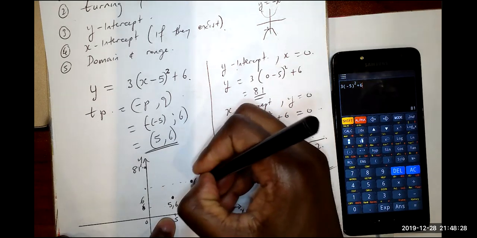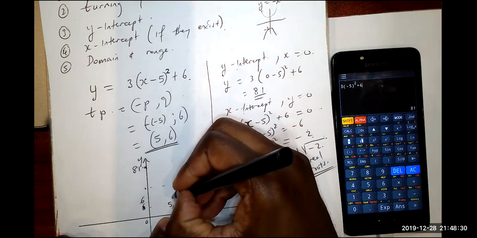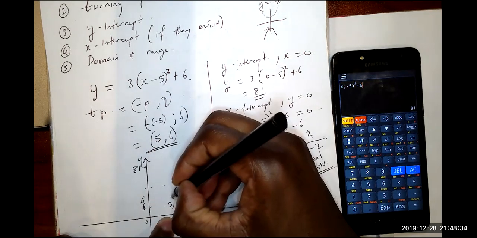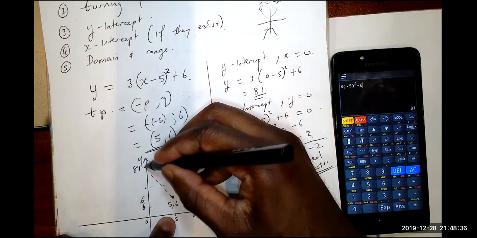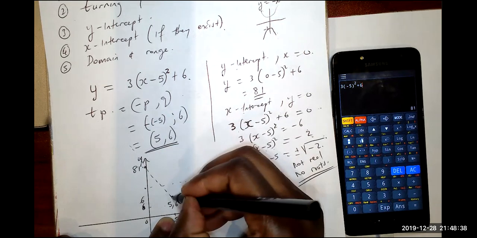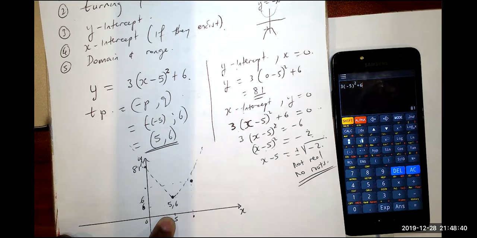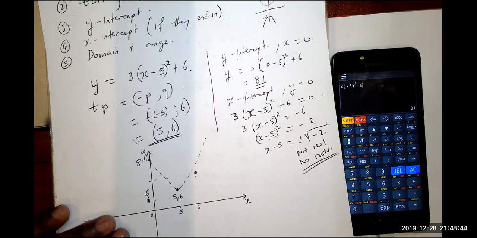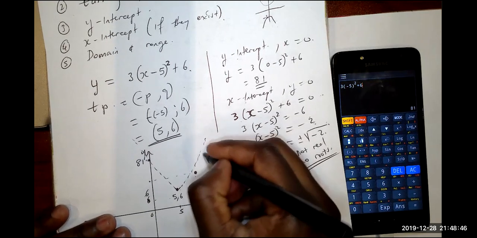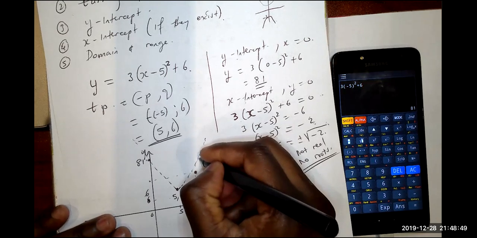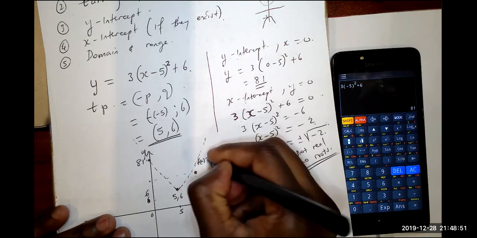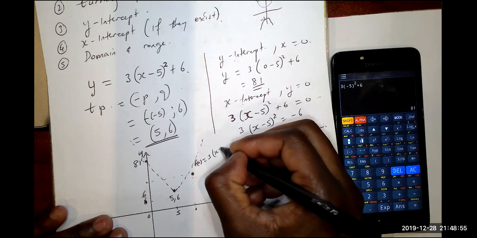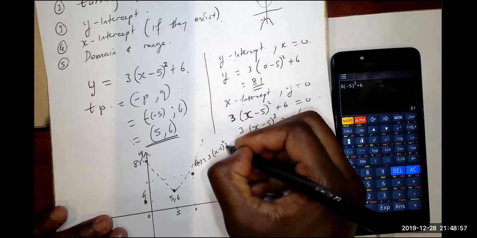We know that our graph turns here and is facing up. So we start from the turning point. It's supposed to touch the y-axis at 81, and it goes up like that. Then we know we are done with our sketch. And what we need to do here is label f(x) is equal to 3(x minus 5) squared plus 6.